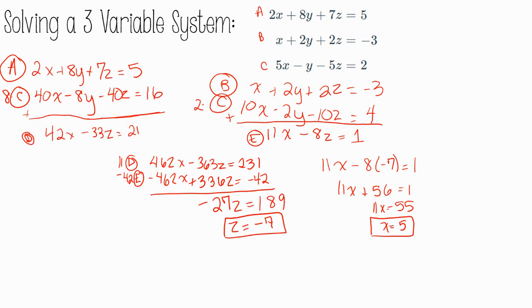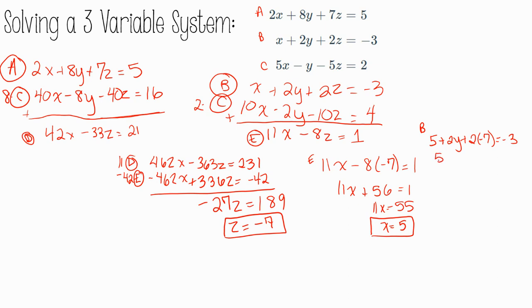And last but not least, pick any of these. I'll pick equation B because that looks the easiest. Again, don't make life harder. x plus 2y plus 2 times negative 7 equals negative 3.